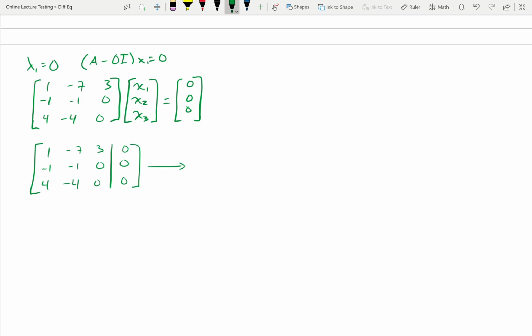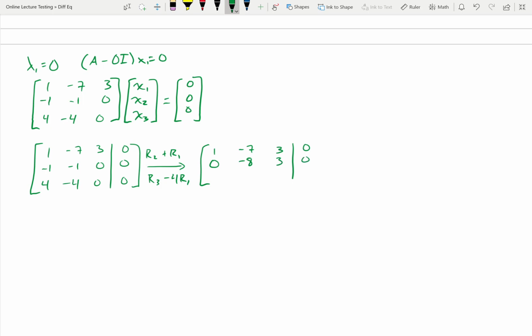So doing a couple things here, I'm going to do row 2 plus row 1, and then row 3 minus 4 row 1, so that I can get zeros in my first column. I didn't do anything to my top row. My second row, I'm just adding, so I get 0, negative 8, 3, 0.